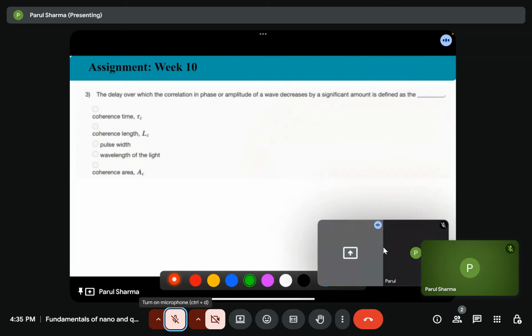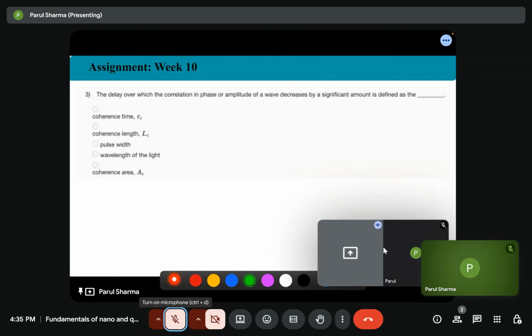So the next question is: the delay over which the correlation in phase or amplitude of a wave decreases by a significant amount is defined as coherence time, coherence length, pulse width, wavelength of the light, or coherence area.